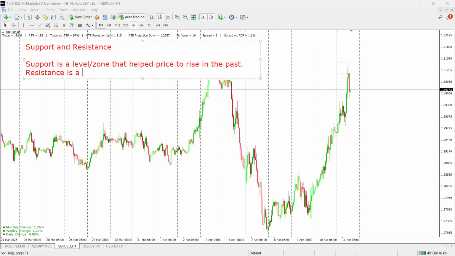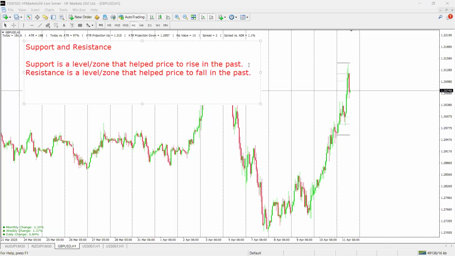A resistance is a level or a zone that helped price to fall in the past. So now we understand that if these zones have done one or two things to prices in the past, for example, if a support has helped prices to rise, then we hold a market expectation.